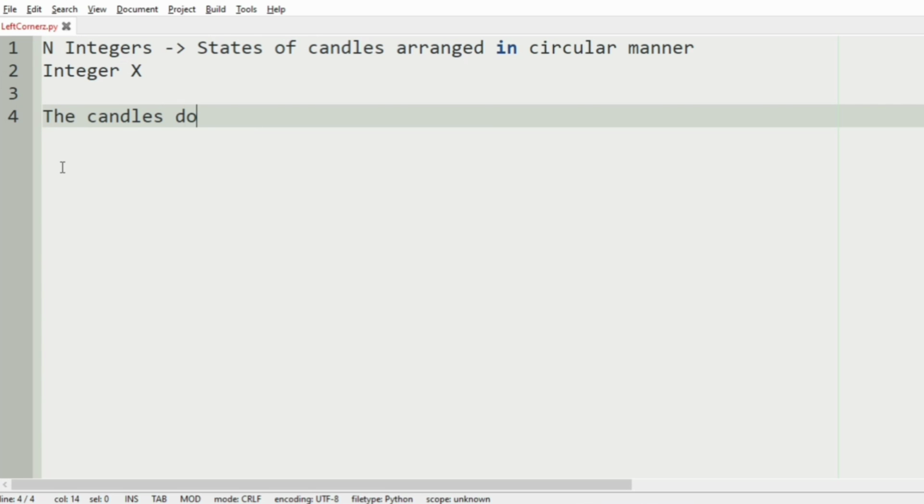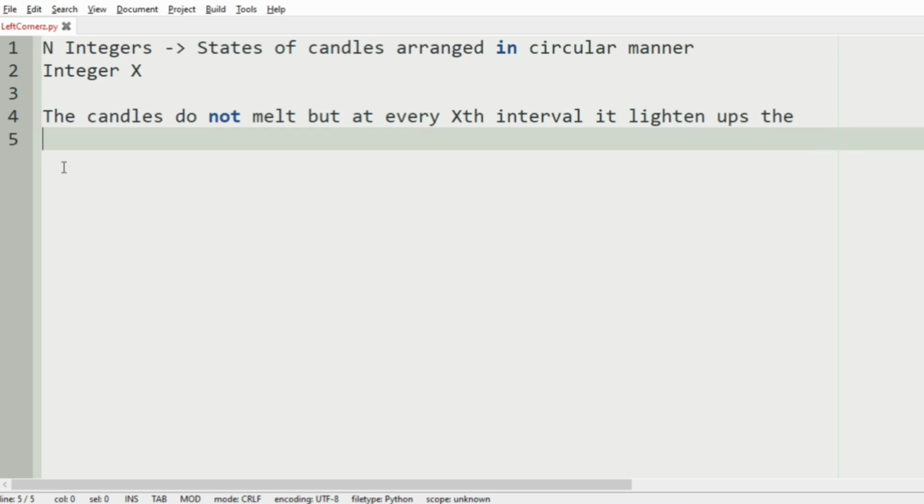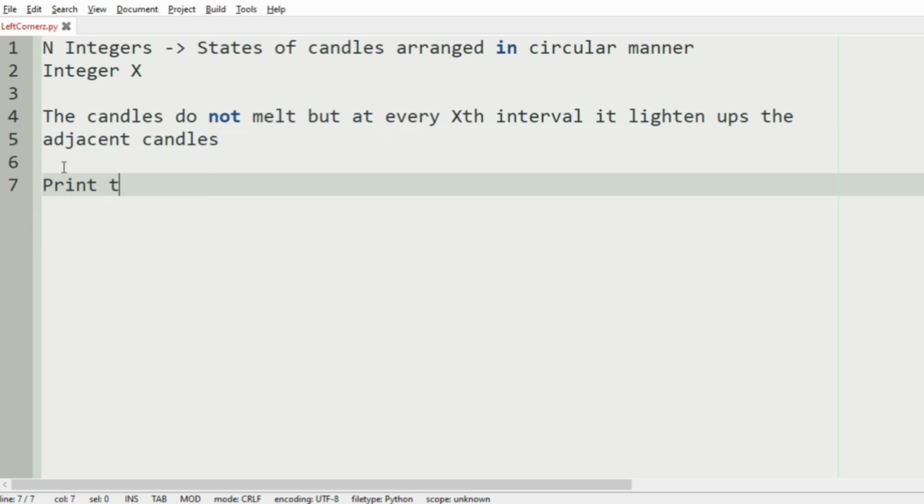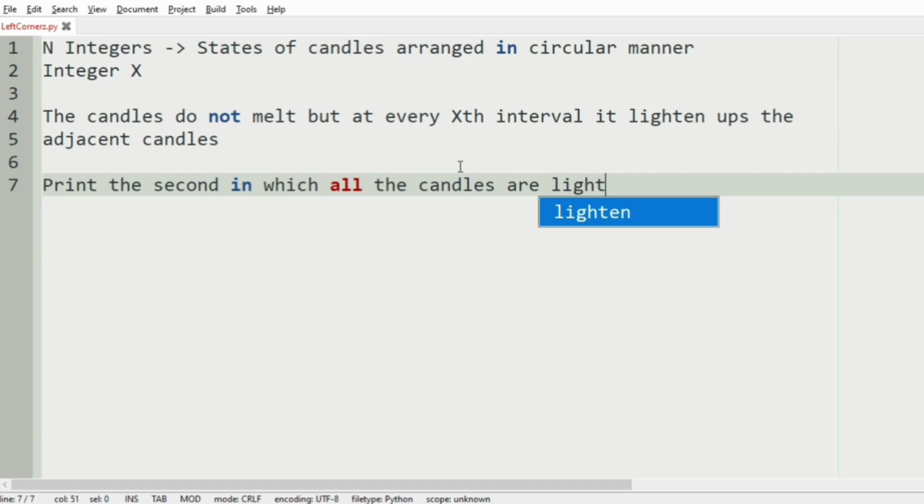The candles do not melt, but at every xth interval they light up the adjacent candles, and the program must print the second in which all the candles are lightened.